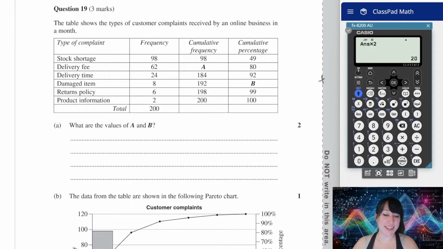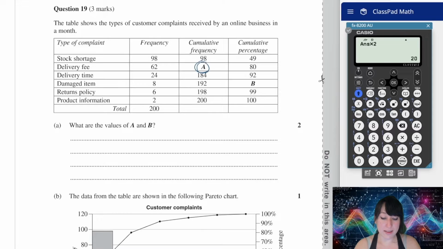All right, question 19. The table shows the types of customer complaints received by an online business in a month. What are the values of A and B? So if we look in the table, we have frequency, cumulative frequency, and cumulative percentage.